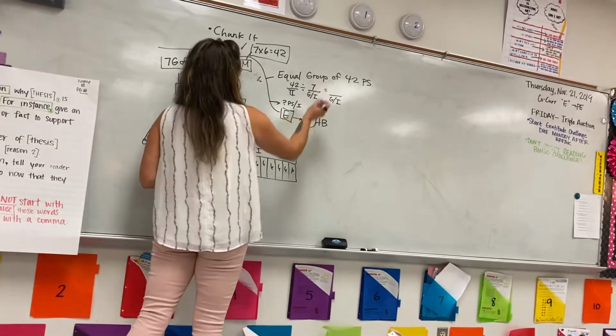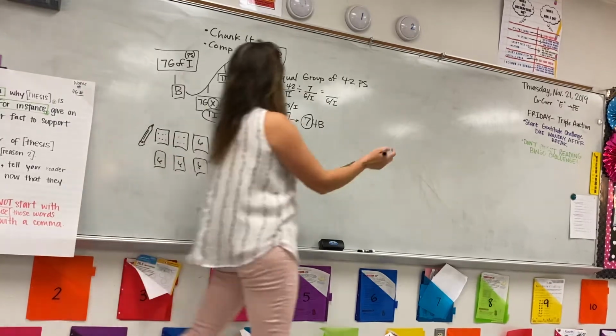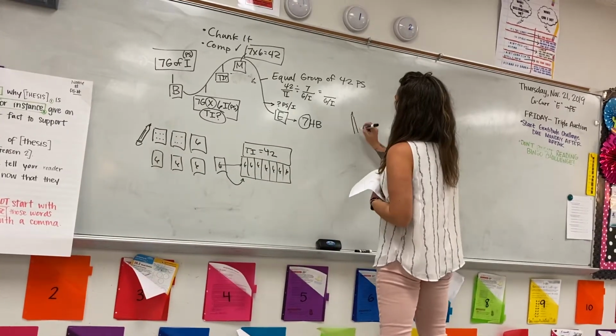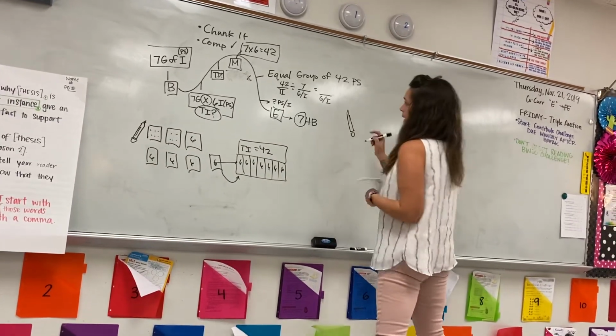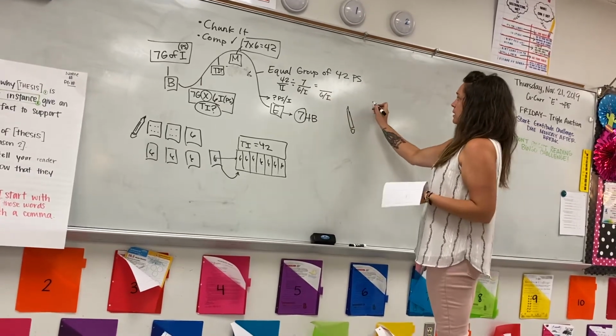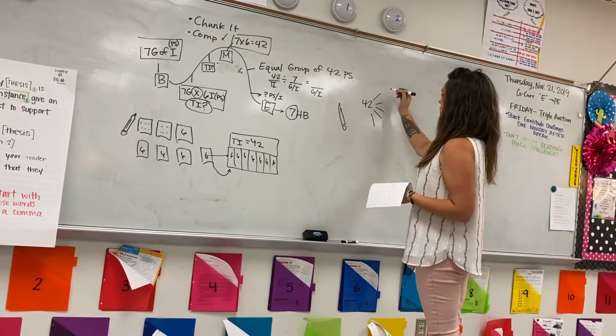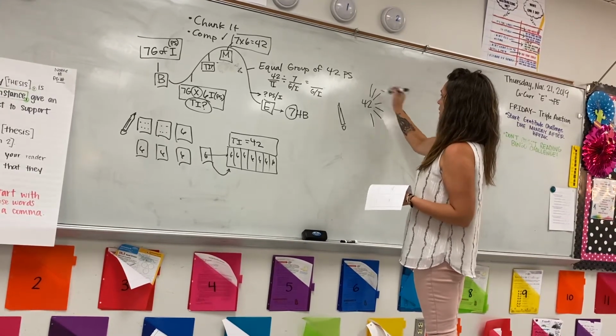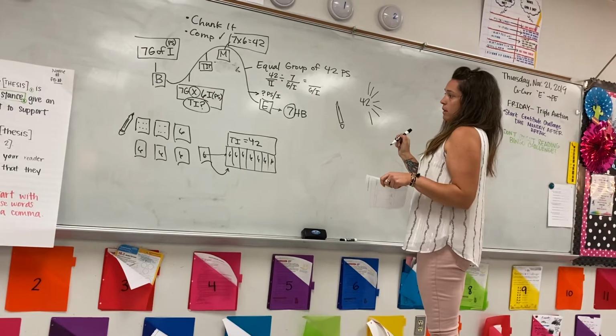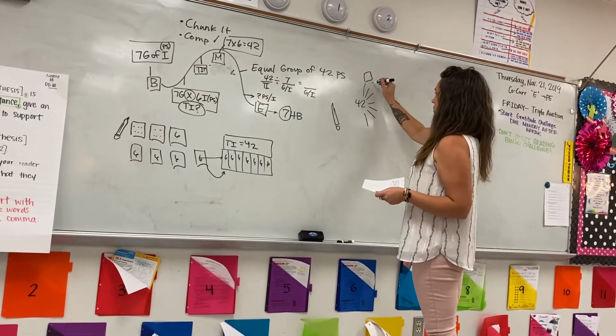Well, we have to go back, and that was where mapping it out like a story helped. So this is 7. So then you would do a sketch again for splitting it. So the 42, splitting it into 1, 2, 3, 4, 5, 6, 7 groups. This is how I do my equal groups.